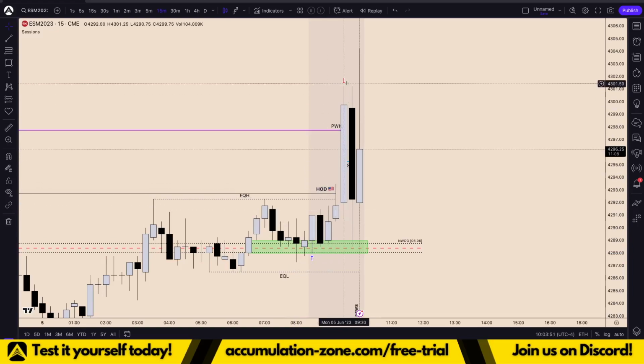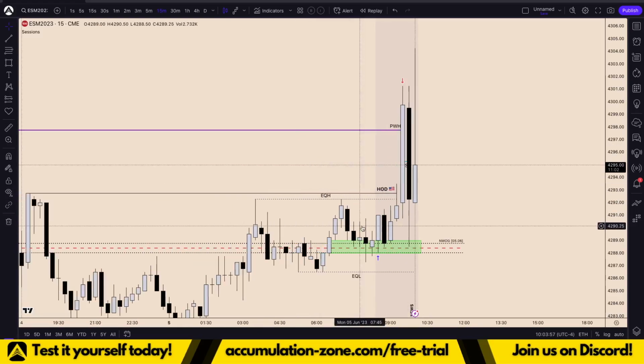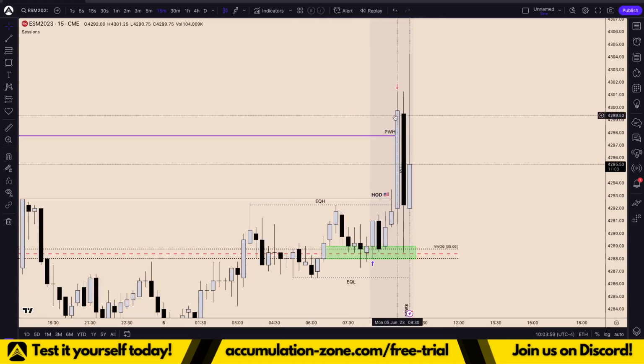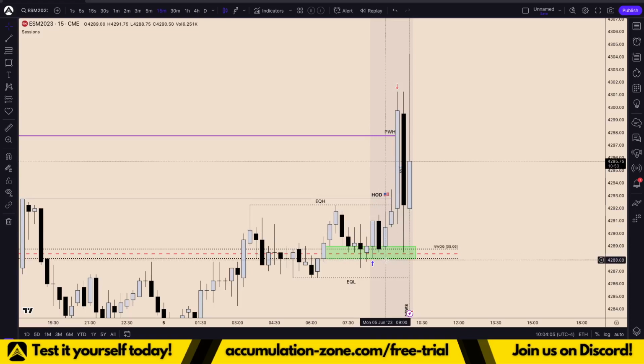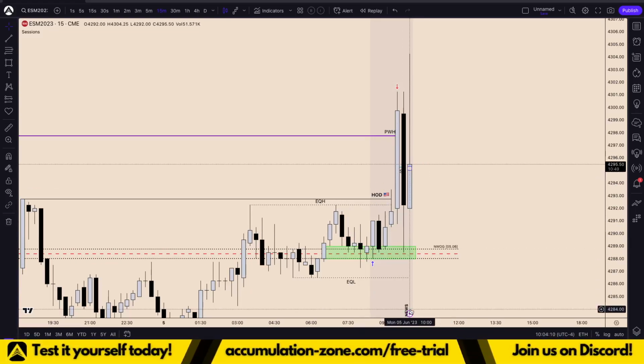Then I closed out the trade right here once we took out the high of the day. So yeah, overall, I'm happy with this move. Of course, I would be happier if it would have been the previous week's high, but you never know. It could have taken out that high of the day and reversed all the way back down, because it was just around market open. So 3 trades hit goal.